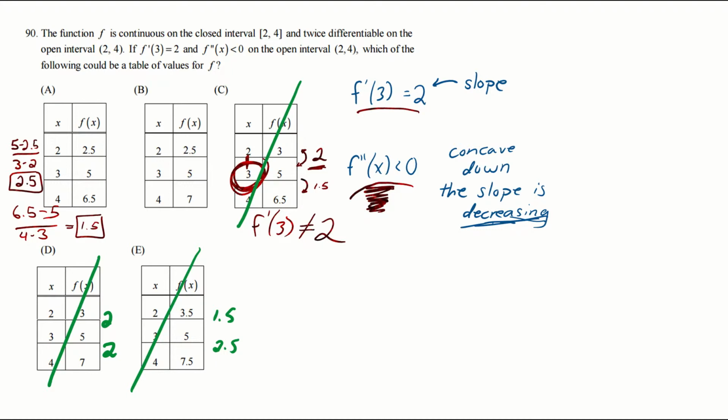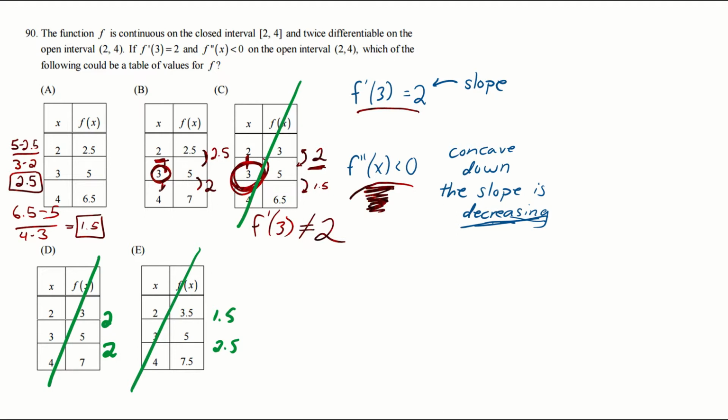And in fact, that same line of thinking can be applied for B, but the opposite way. In this case, I'm at 2.5 between 2 and 3 and 2 between 3 and 4. Sure, I'm at a slope of 2.5 somewhere between 2 and 3, which means when I get to 3, I could have a slope of 2.